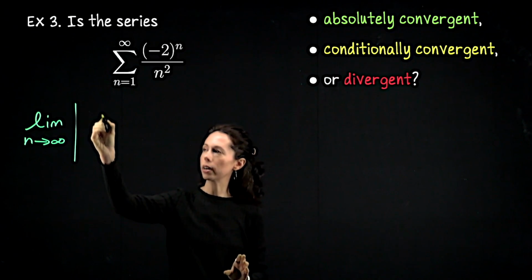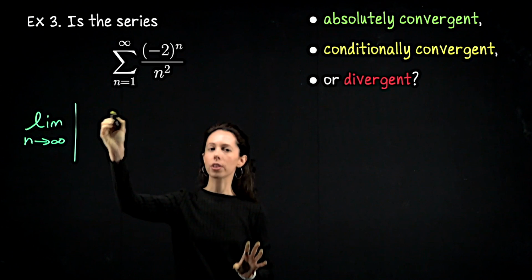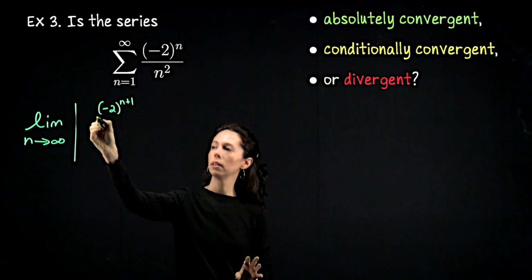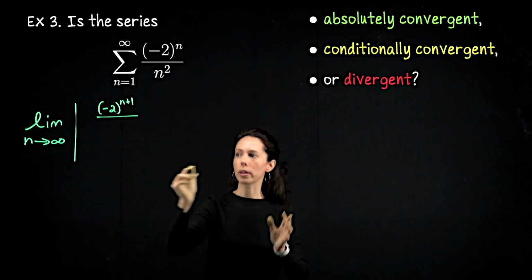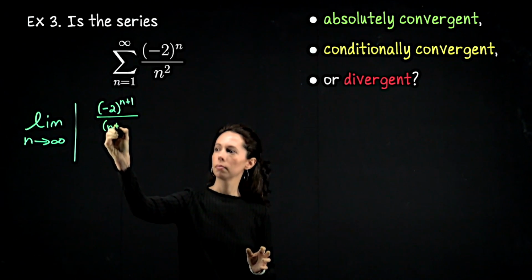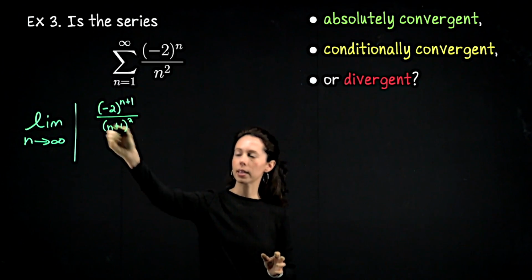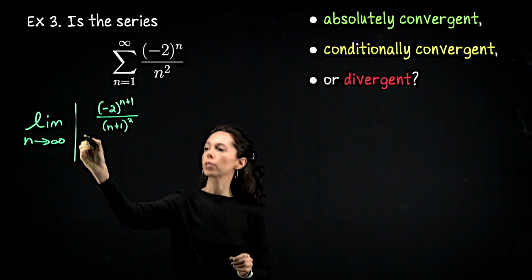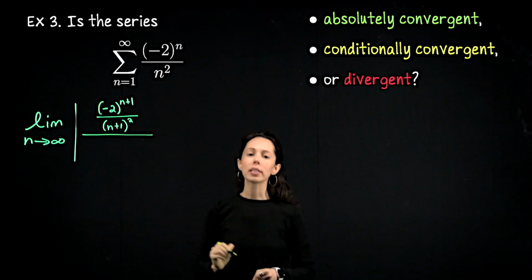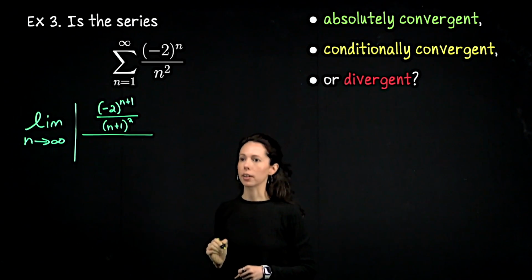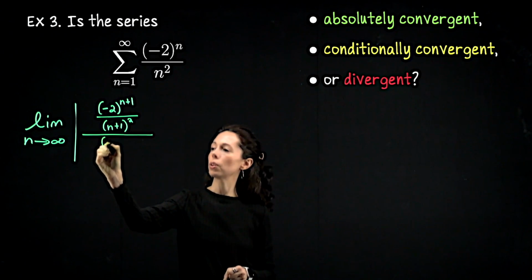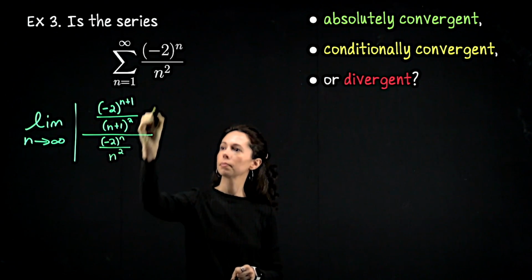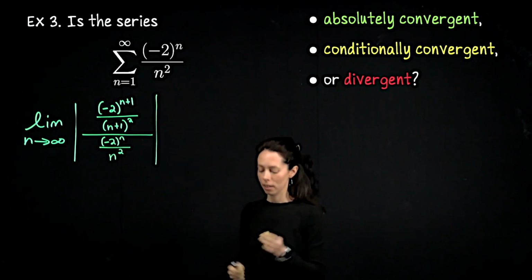So let's start by writing the n plus 1th term. That's -2 to the n plus 1 divided by n plus 1 squared. Okay, so this expression corresponds to a sub n plus 1 from the description of the ratio test. We're going to divide that by the nth term. So that's -2 to the n divided by n squared.